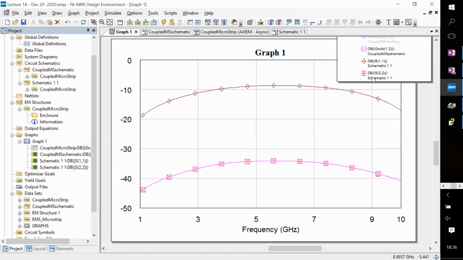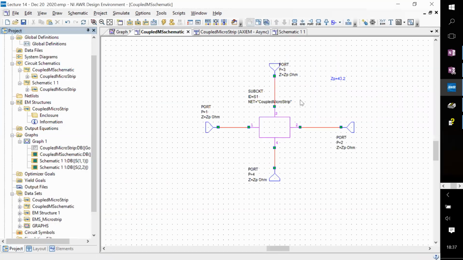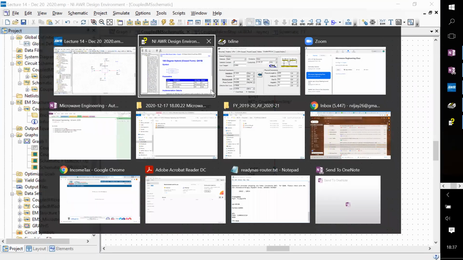The red one, which is now on top of this pink one, is S22, which is the odd mode reflection coefficient. And that is nice and low. And it's exactly matching the odd mode impedance measurement for this schematic. Okay, why? Because the port values are set to match the odd mode impedance we had calculated from here.